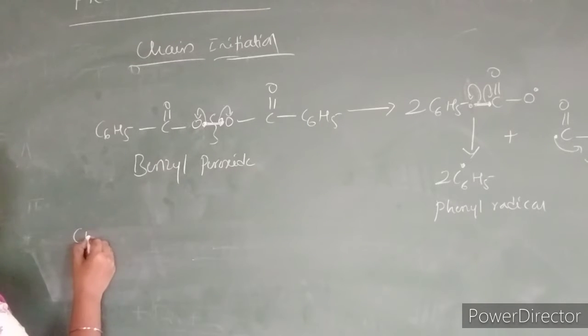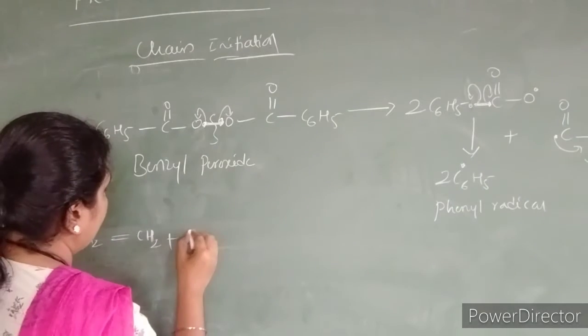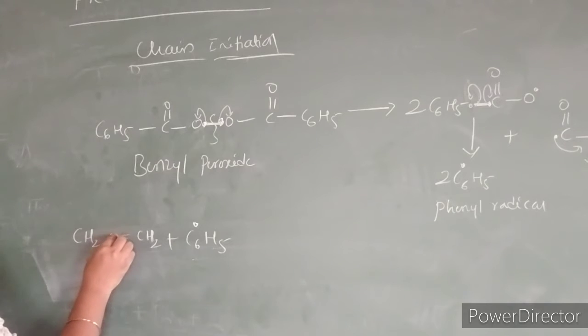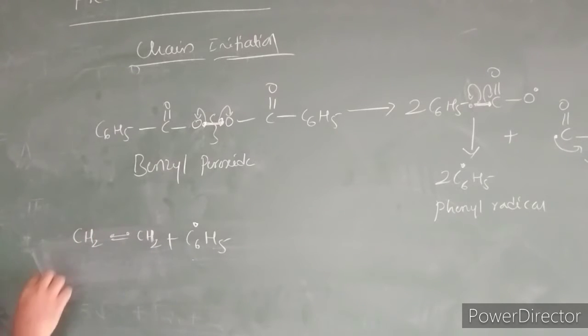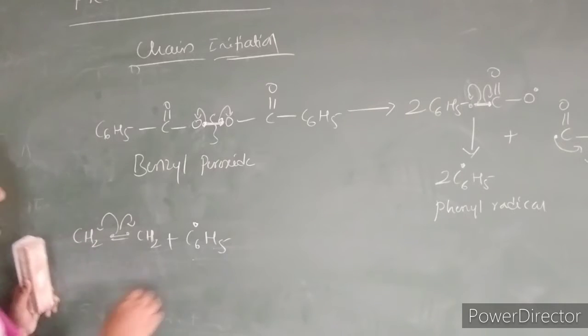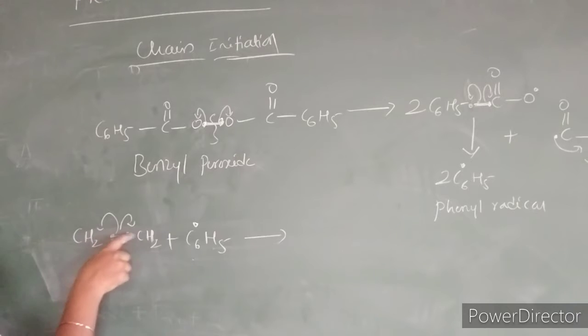For example, CH2 double bond CH2 plus this phenyl radical C6H5. Here also there are electrons present, and this should undergo homolytic cleavage. As a result, we get the formation of a radical of the ethene group.